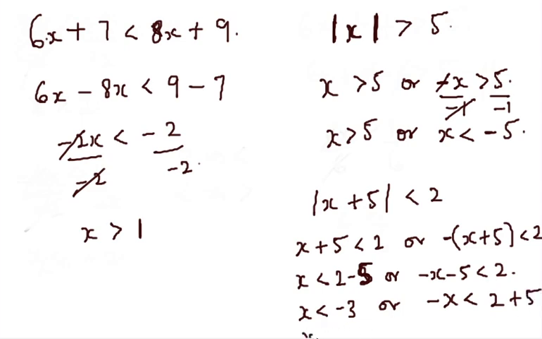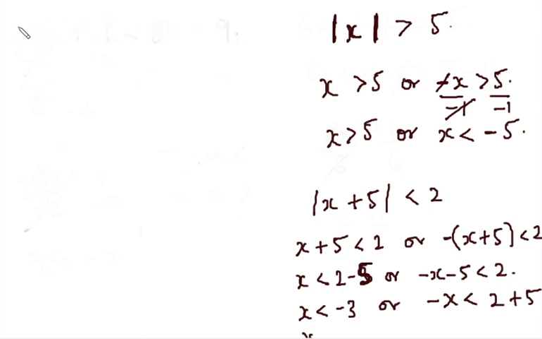Let's clean up space from here. So we have x is less than negative 3, which is already simplified. Or we have negative x is less than 7. So we know that x is less than negative 3, or with negative x, we have to divide both sides by negative 1.